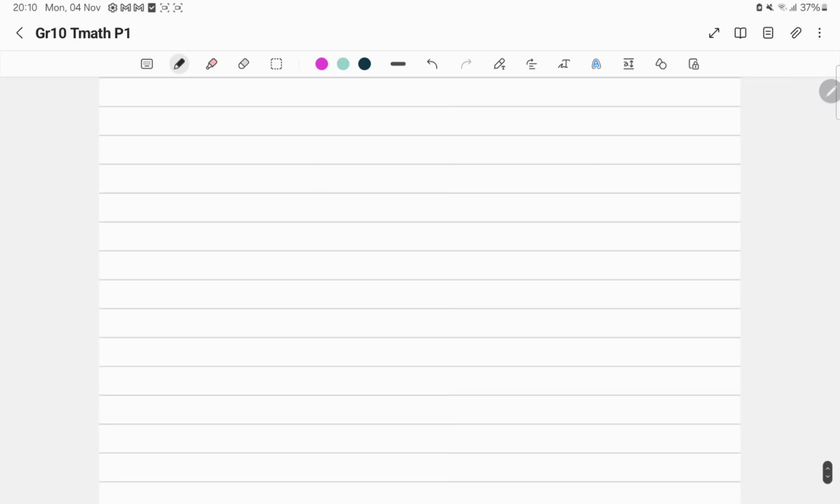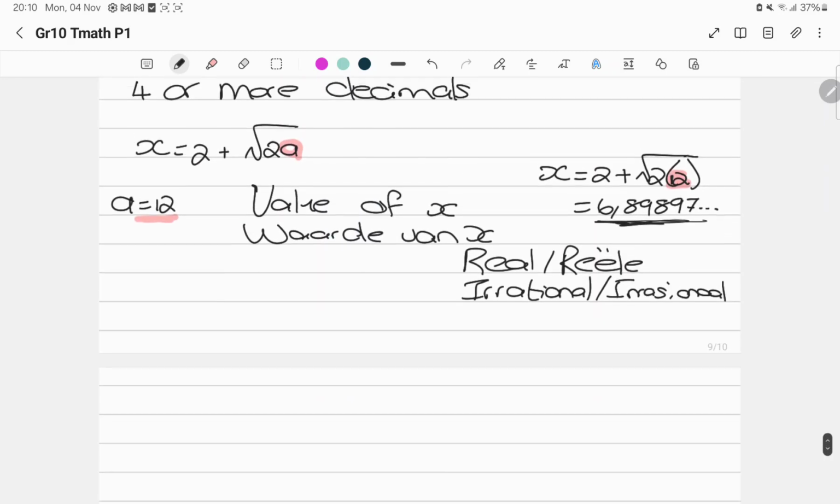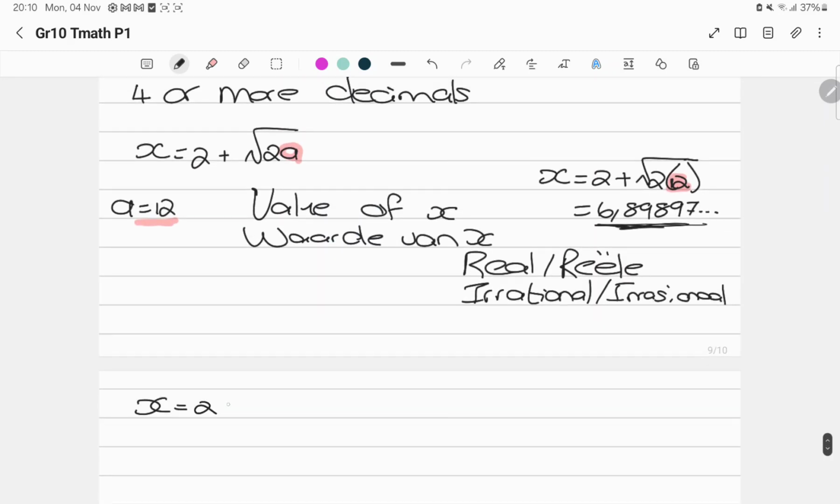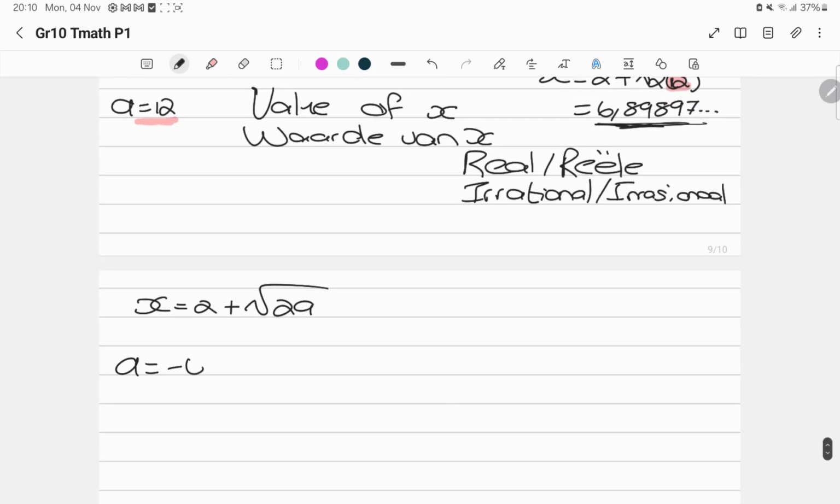Okay, let's do the same one. So I gave you x is equal to 2 plus root 2a. And now let's say a is equal to minus 6. So now in a's place, I'm going to put minus 6. So it's going to be x is equal to 2 plus the square root of 2 bracket minus 6.